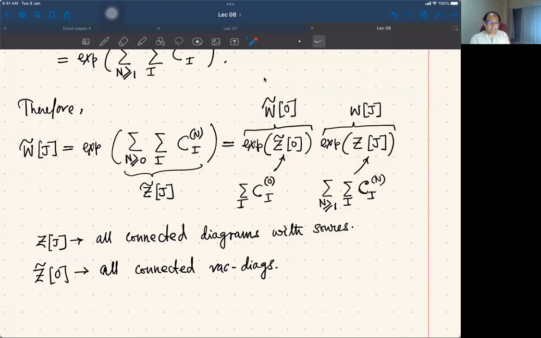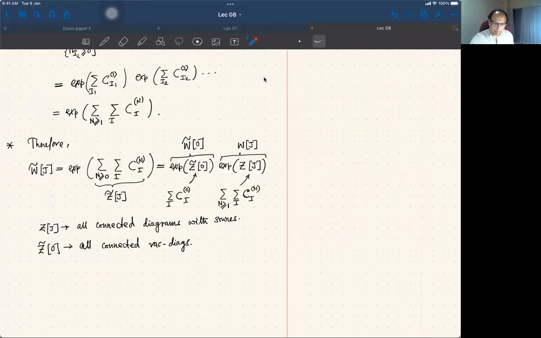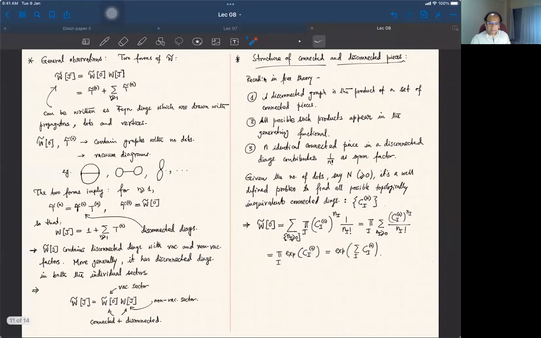So this is your final statement: Wj has all sorts of diagrams with sources when j is non-zero, and the way the disconnected diagrams appear is that it's an exponential of connected diagrams. The exponential will develop powers, and because of those powers, we'll get disconnected pieces. So that's the message. I'll now show the two slides separately.